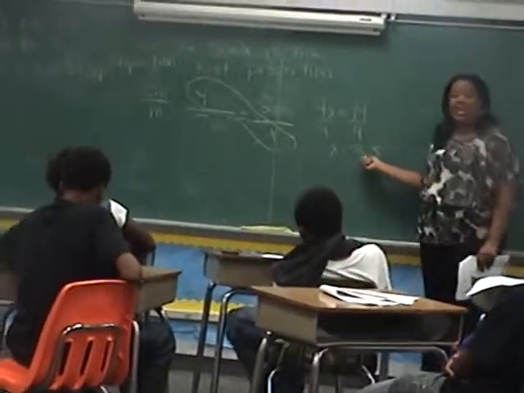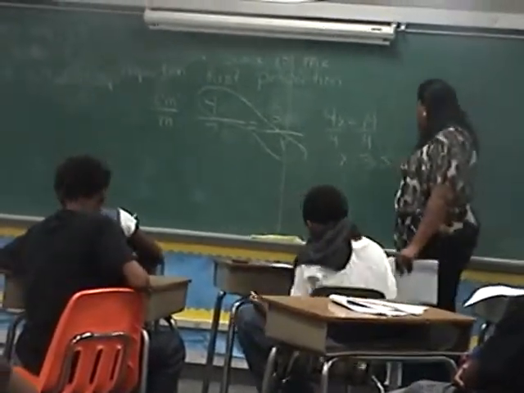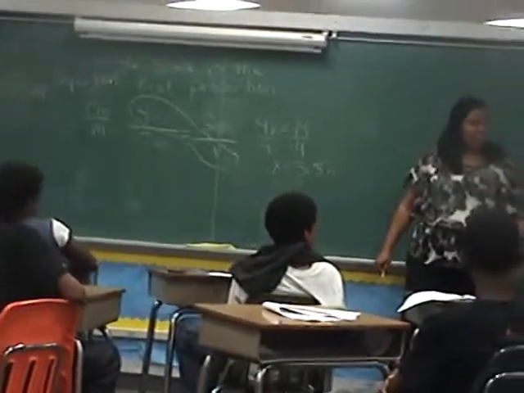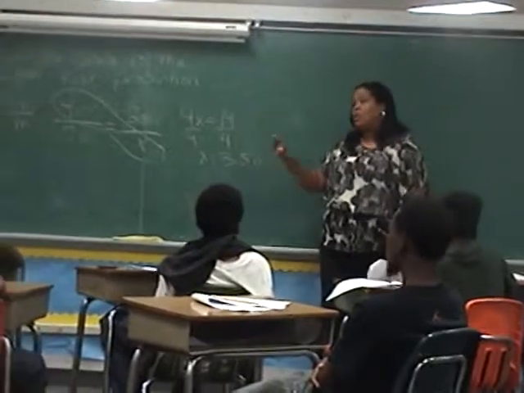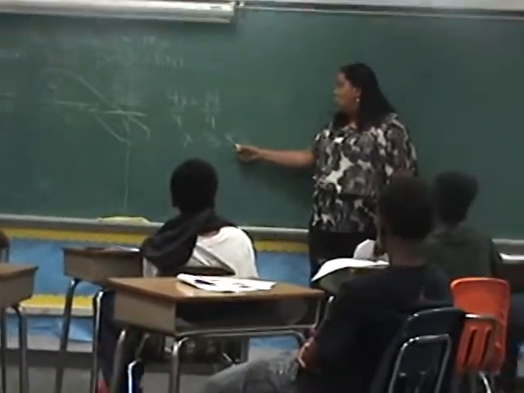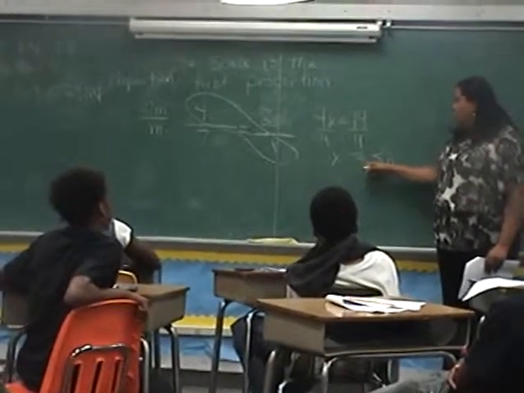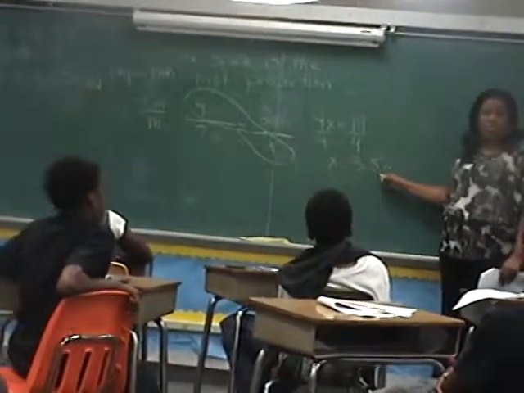So this is just telling you, this is meters. This is just telling you that for every 2 centimeters it is 3.5 meters. Get it?